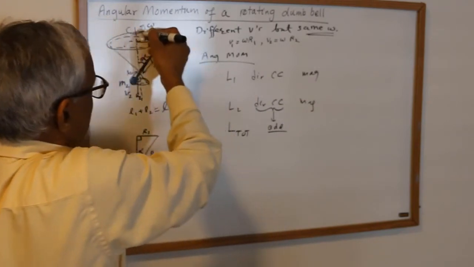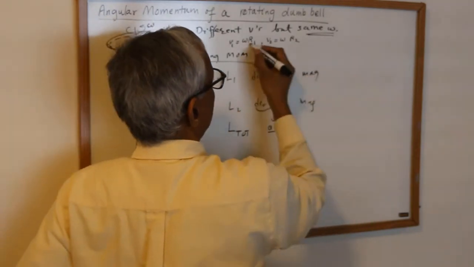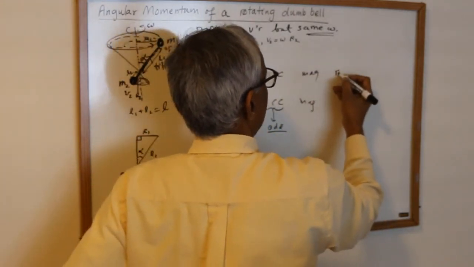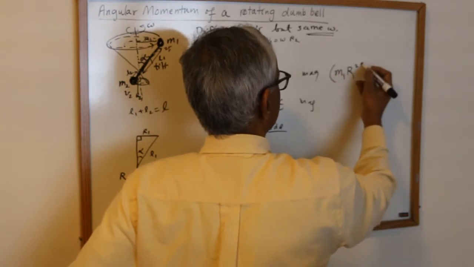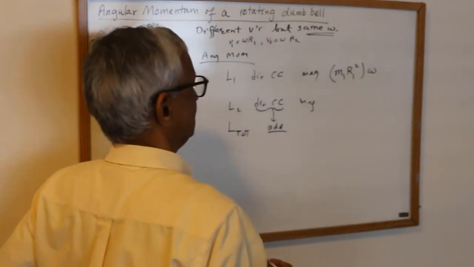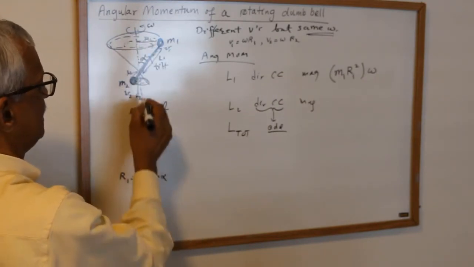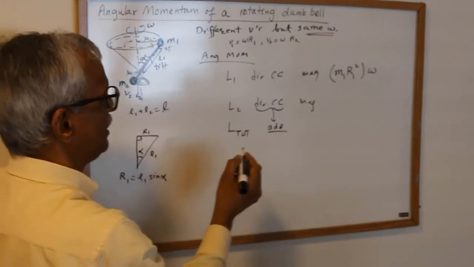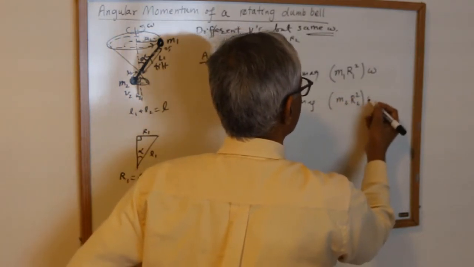And so the magnitude for L1, which we just learned, if something is going in a circle, is m1 r1 squared times omega. That's the angular momentum magnitude for this. The angular momentum magnitude for that will be very similar, m2 r2 squared omega.